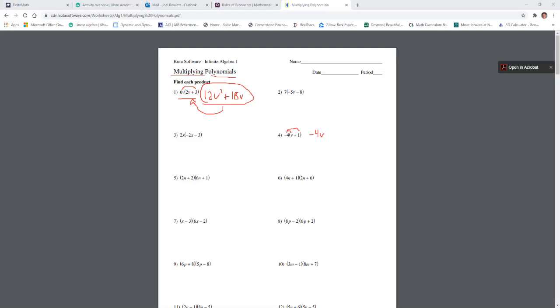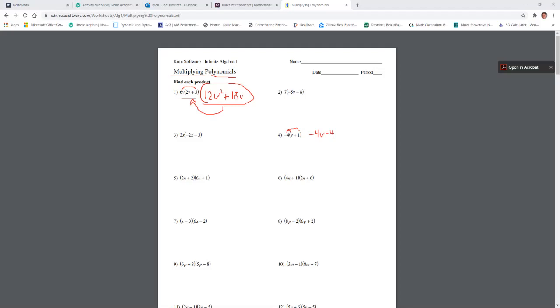And of course, a negative times a positive is a negative, so negative 4 times positive 1 is negative 4. Wow, that's a big negative 4. So let me take that off and try again here. That takes care of problem number 4.